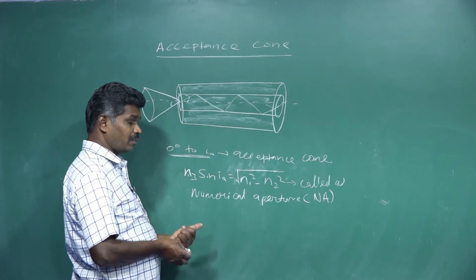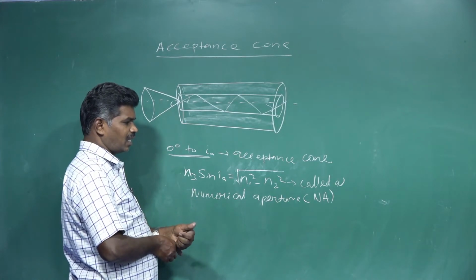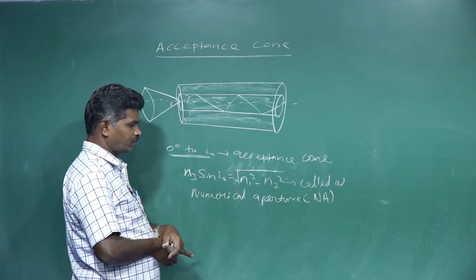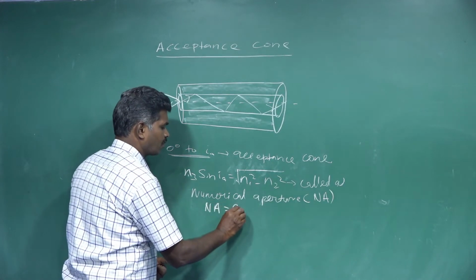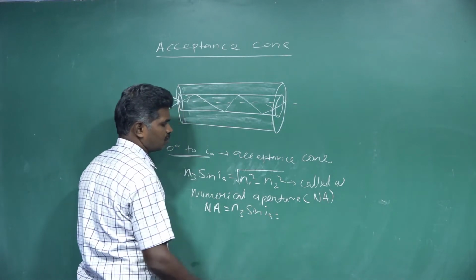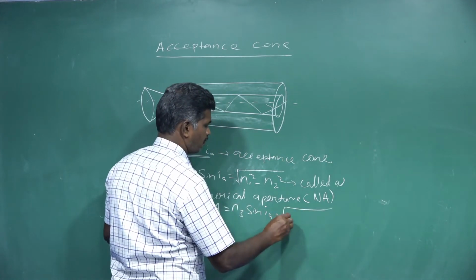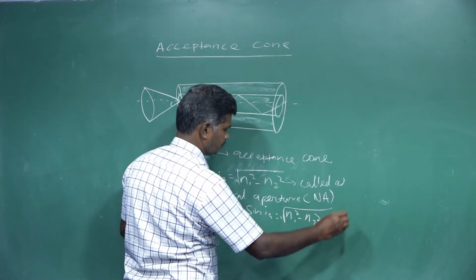If the outer medium is air, we can take NA as only sin Ia. In general, NA is equal to n3 sin Ia equal to the square root of n1 square minus n2 square.